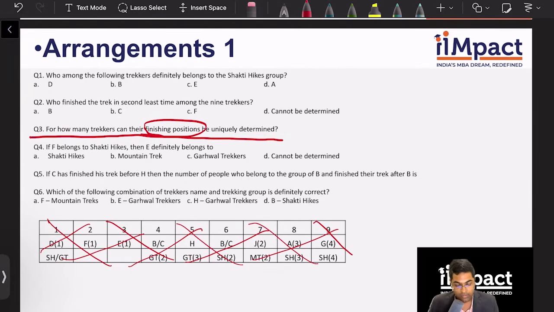Since I want to know how many of them we were able to understand the positions of, I will look at question number 5. If C finished somewhere after and before, that means C's position definitely cannot be determined. And who's getting affected because of C? B is getting affected. Now again, maybe I would have taken H into consideration, maybe not.